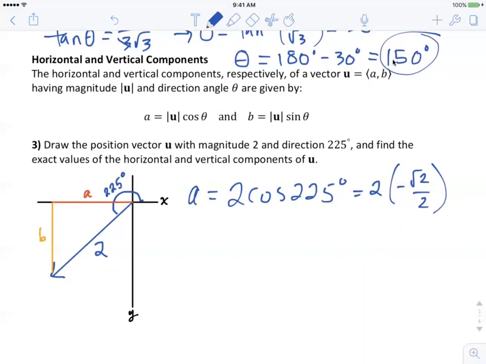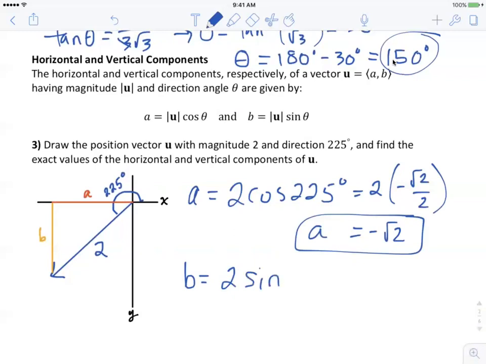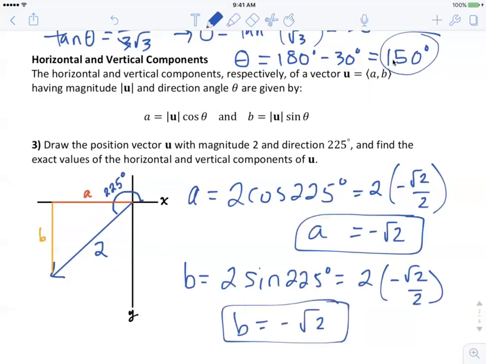Sounds familiar, probably, right? And then I can reduce that to -√2. There's my horizontal component. How about the vertical component B? It's similar, just use sine, right? Turns out the sine of 225 is also -√2 over 2. And so B is going to be -√2. There's your vertical component.